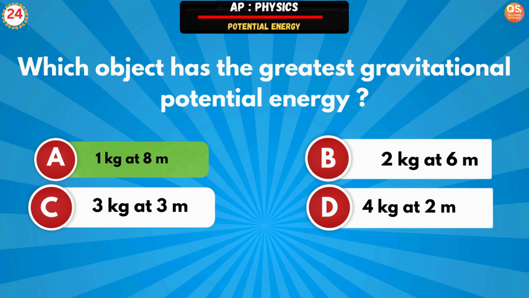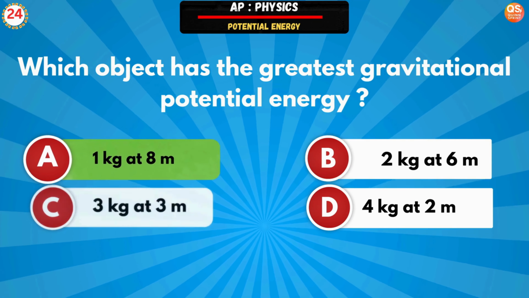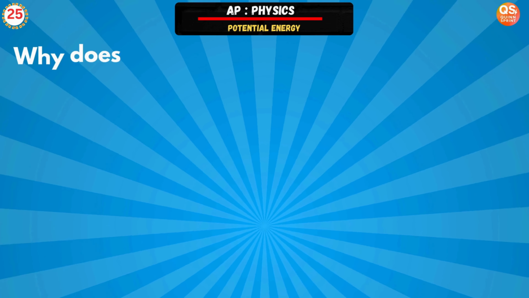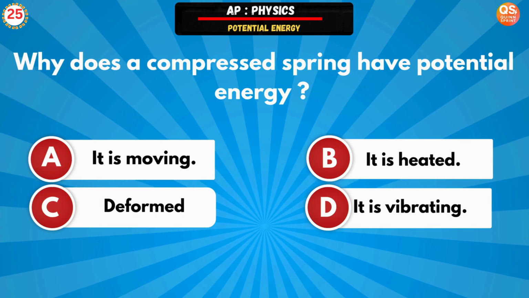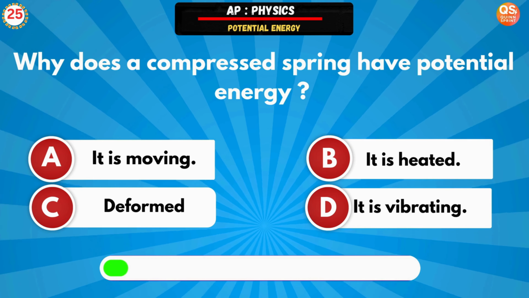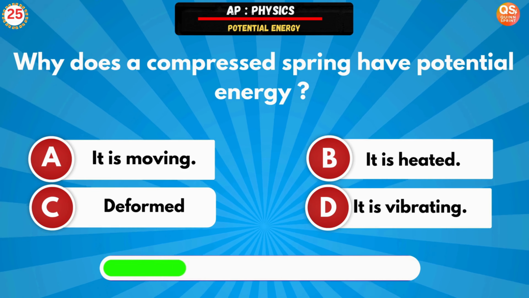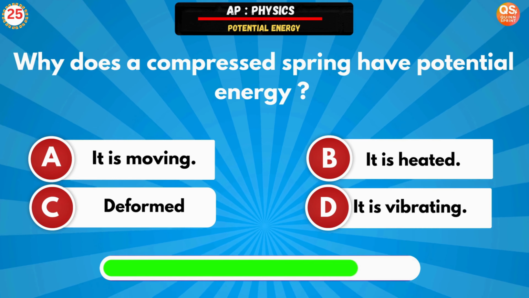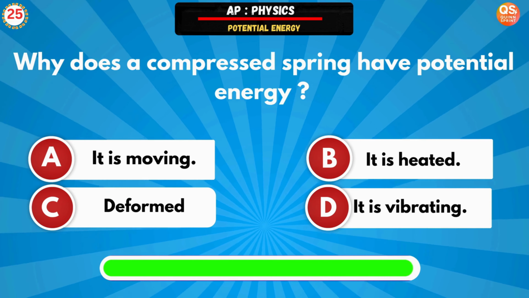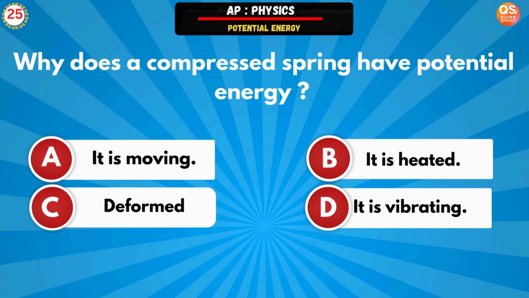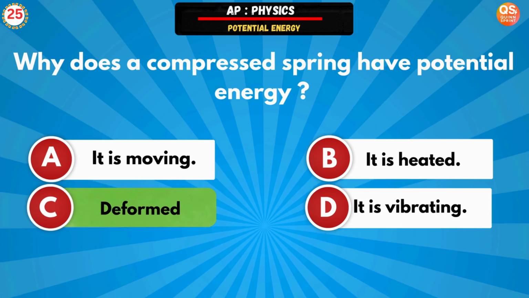One kilogram at 8 m. Why does a compressed spring have potential energy? Deformed.